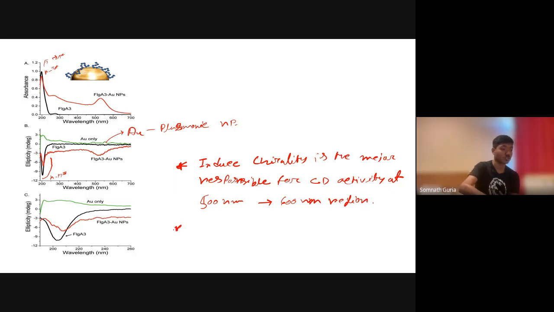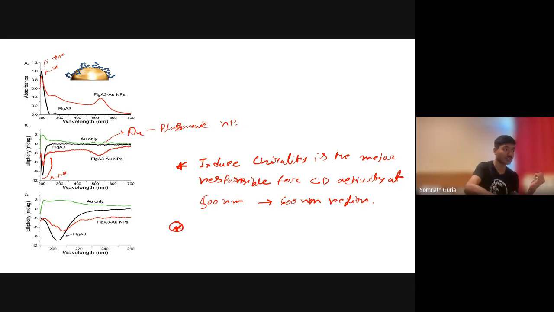Okay, more interestingly, our peptide has a strong negative ellipticity around the 200 nanometer region, whereas the bare gold nanoparticle has a positive ellipticity in that particular region. If we combine them together, they cancel each other.